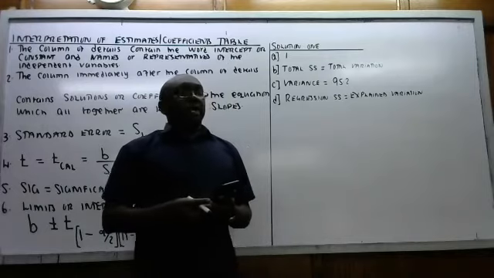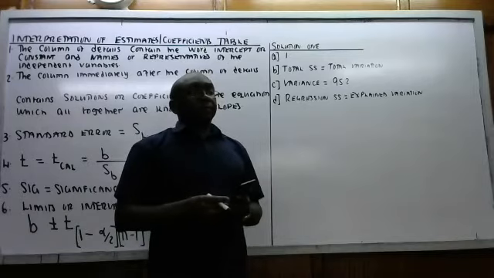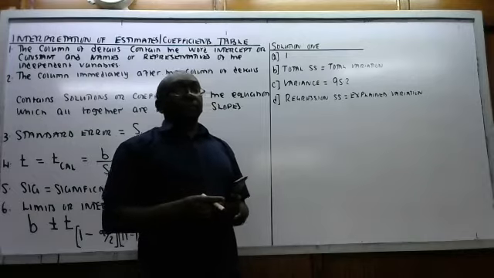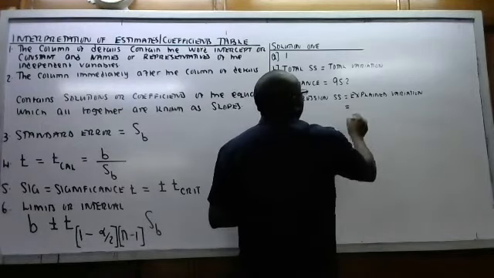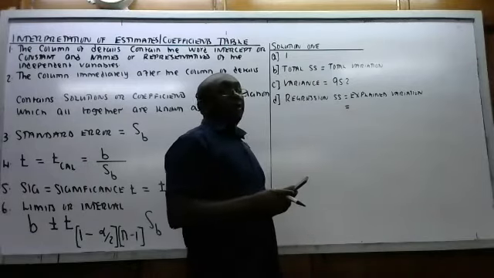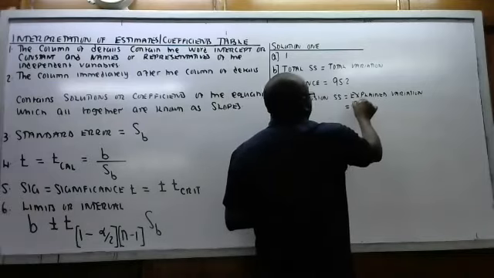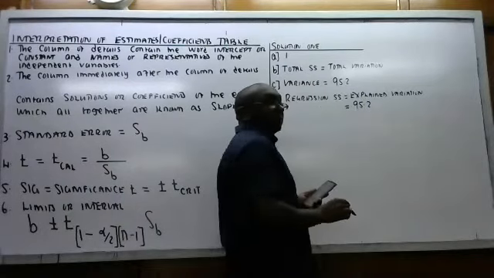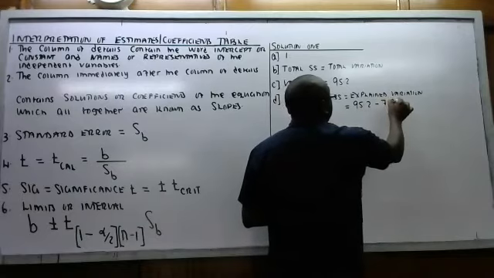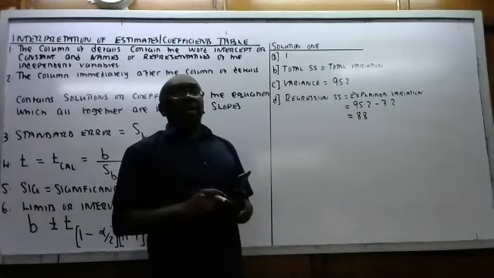So how can we get 88 in terms of the others? You take 95.2 minus 7.2. You get 88. Very simple and direct like that.